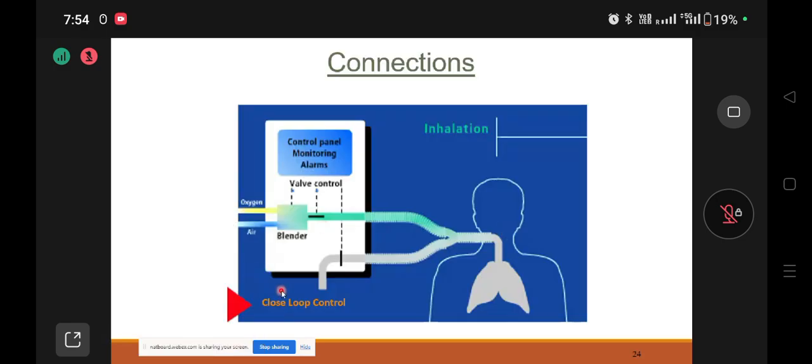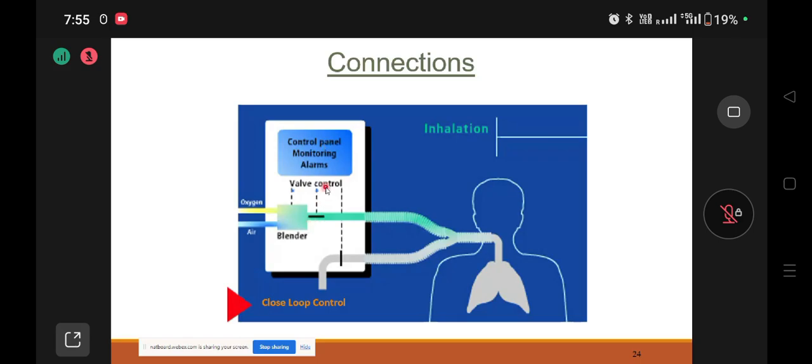So this is what happens. This is the patient. He is intubated. You have connected a circuit over here. So this is a ventilator through which the oxygen and air are blended. There are various valves and assemblies over here, which allow the flow of this mixed oxygen mixture to go one way. So this is the inspiratory limb, and all these processes are controlled by a control panel, which is microprocessor based.